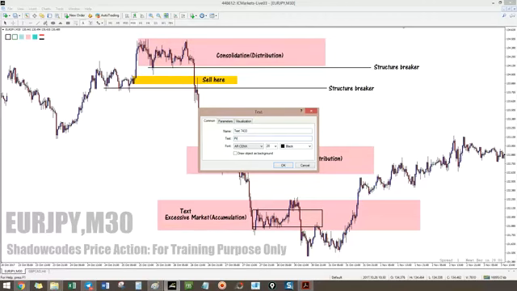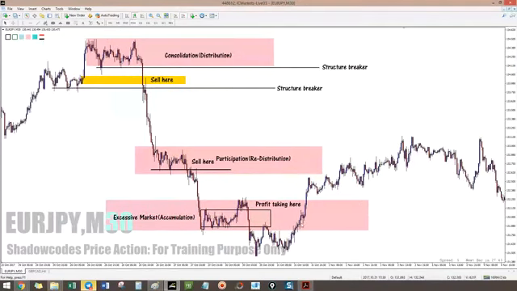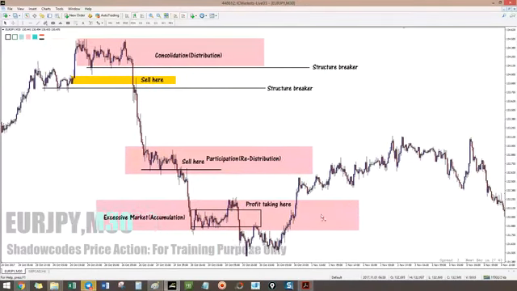Profit taking here. Okay, so you can take profit here. Once it's made the sideway, you can just partially close your trade because it will already do another structure.